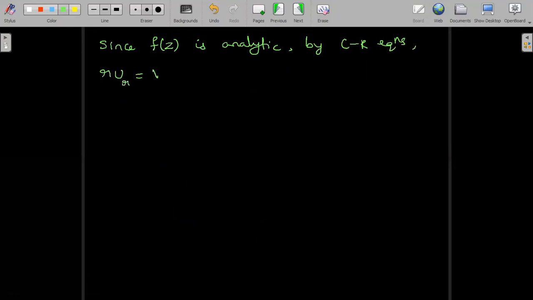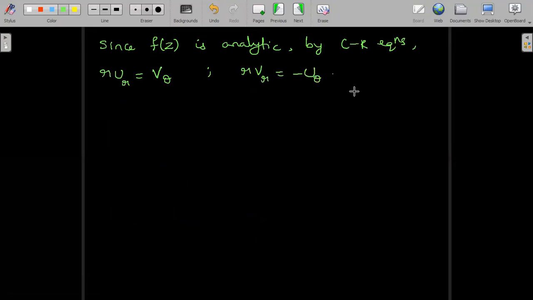So since f of z is analytic, by CR equations, r ur is equal to v theta and r vr is equal to minus u theta.